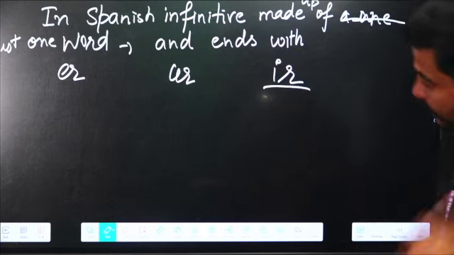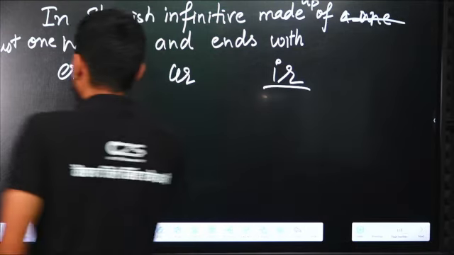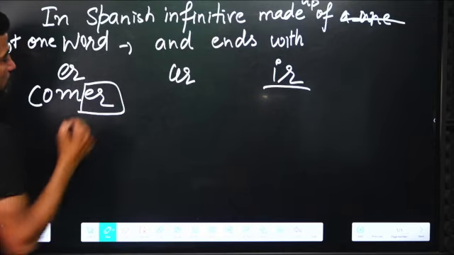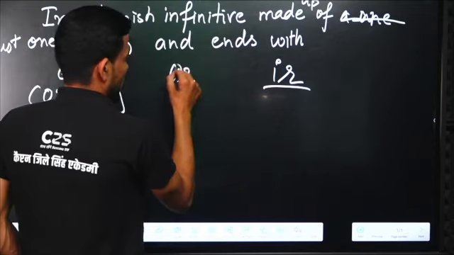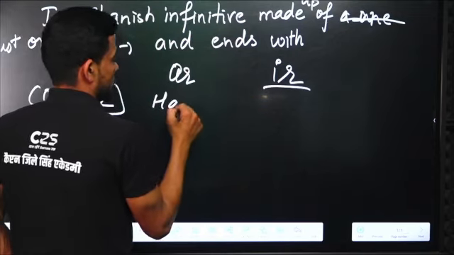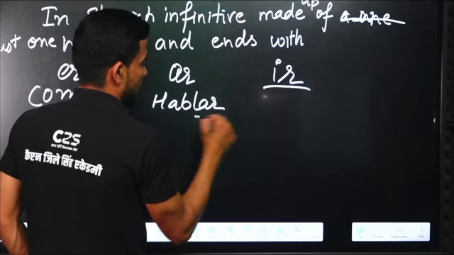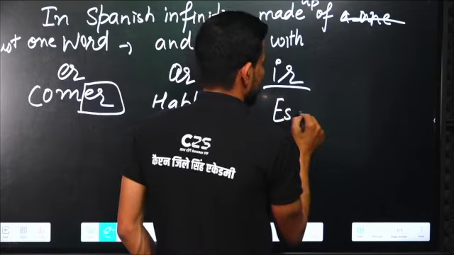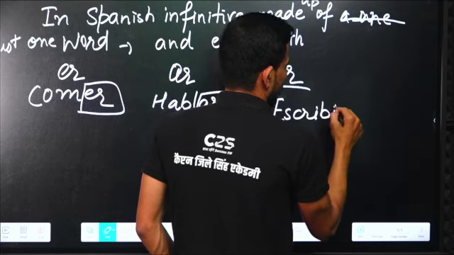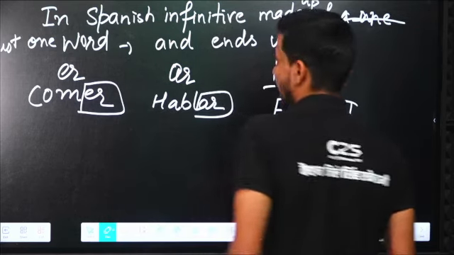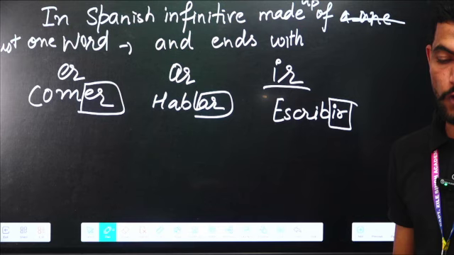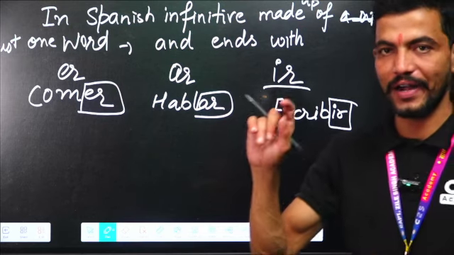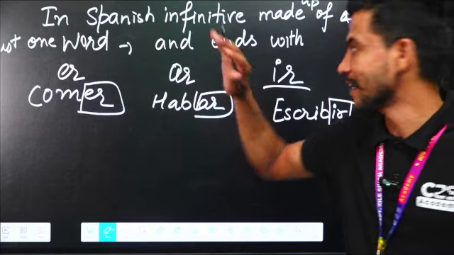For example, ER ending: comer, ending with ER. AR ending: hablar, ending with AR. IR ending: escribir, ending with IR.